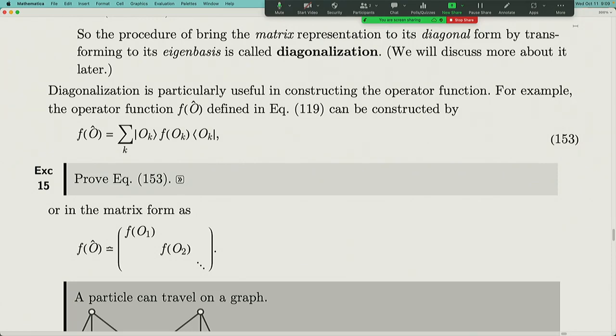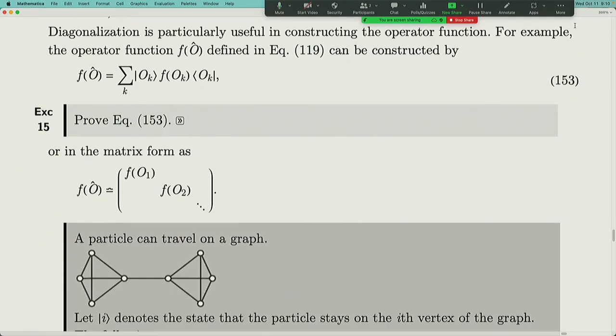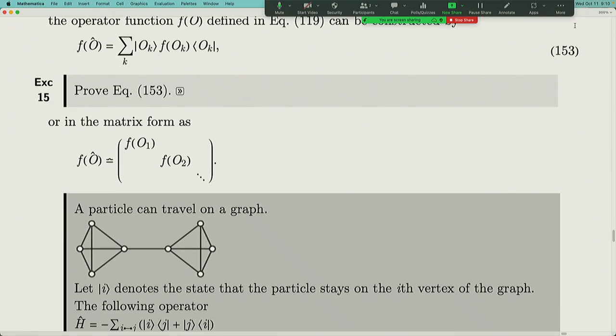Suppose this is a real function, and suppose all the eigenvalues are real, at least for Hermitian operators, then that's what we mean. Of course, this formula is more general than Hermitian operators, even for unitary operators. As long as you can have a spectral decomposition, you can use it to define these functions. So that's what we learned last time.